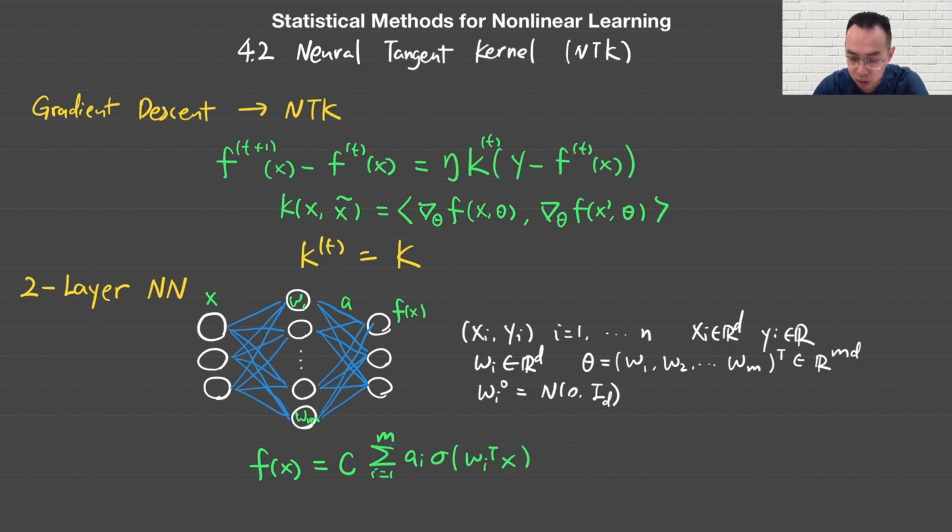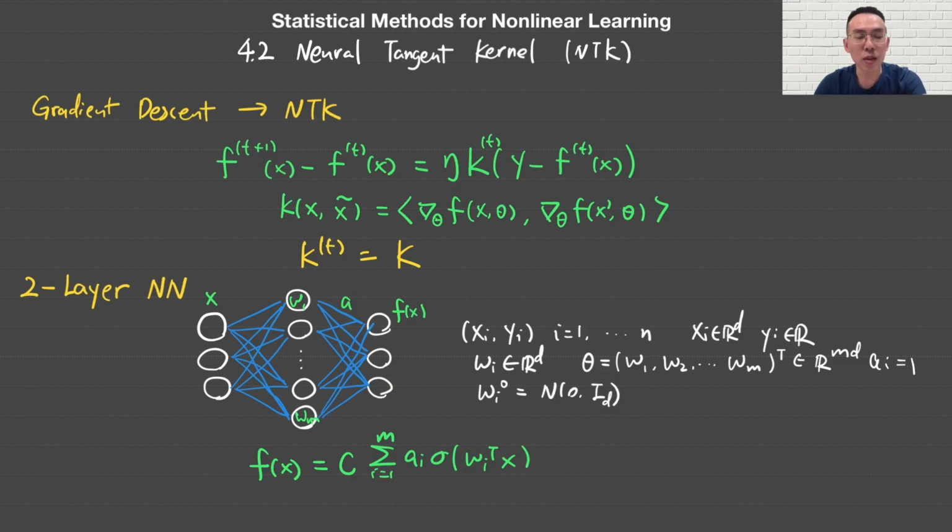That means our total parameters theta are given by combining all the weights together, which has dimension m times d. Also, we want to make one simplification, that ai equals 1. So that means we just sum the results over each neuron after the first layer. That's a simplification we're going to make here.